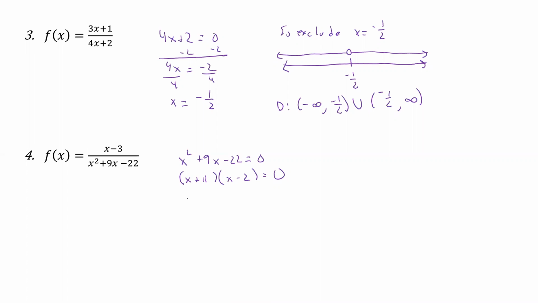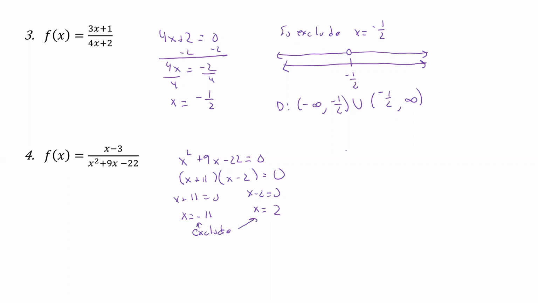And so what I need to do now is set each one of those equal to 0. So x is equal to negative 11 and x is equal to 2. And these are the points we have to exclude. So exclude that and that.